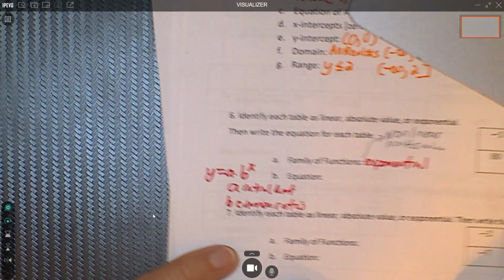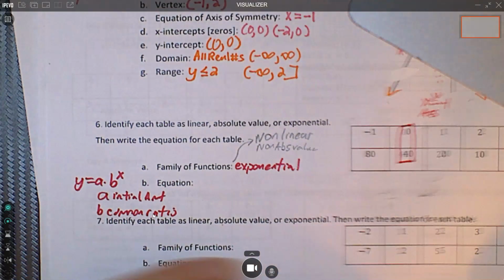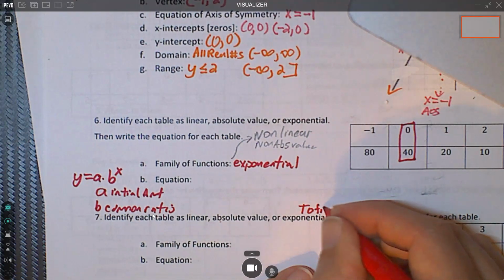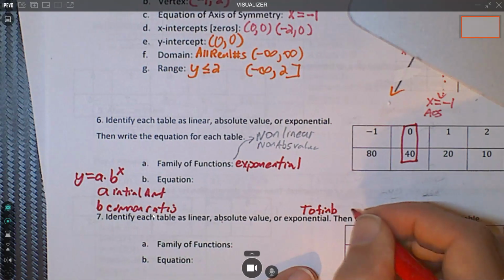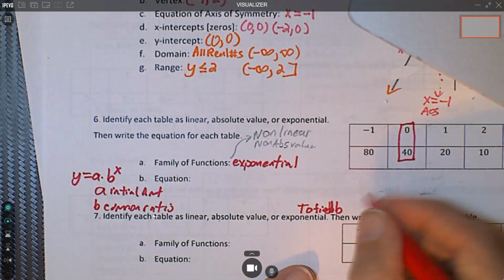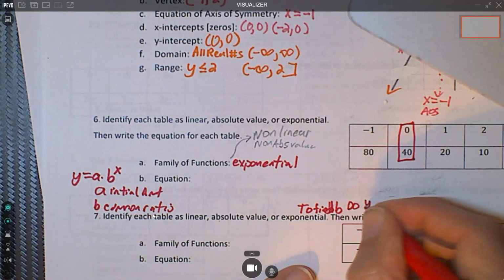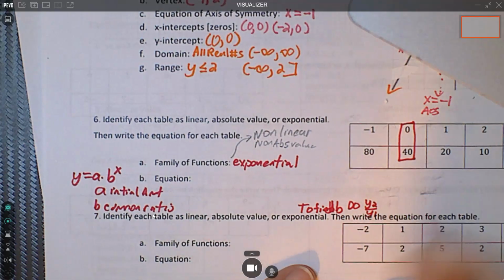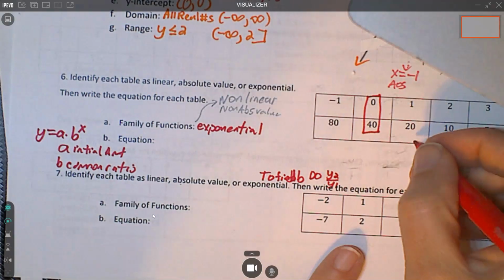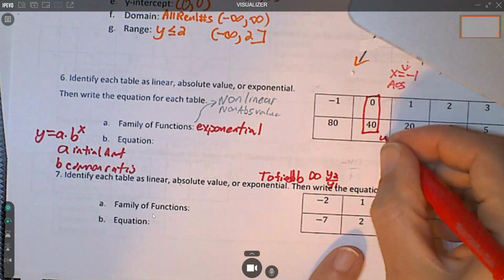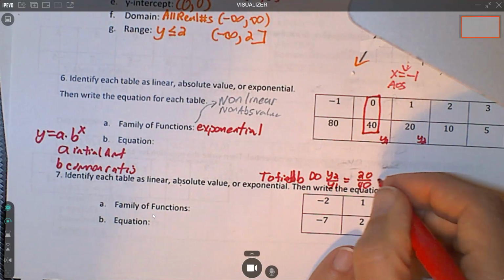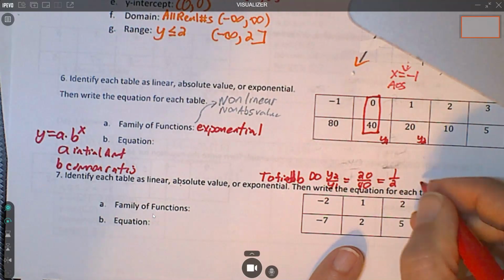To find the common ratio, you could do y2 over y1 to find b. So we got 20 over 4. So b is a half.